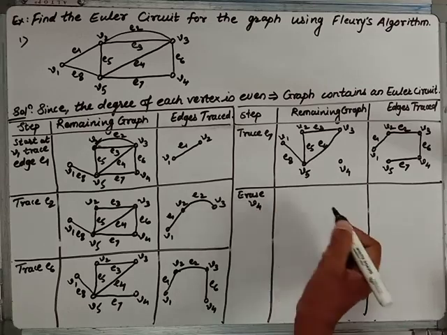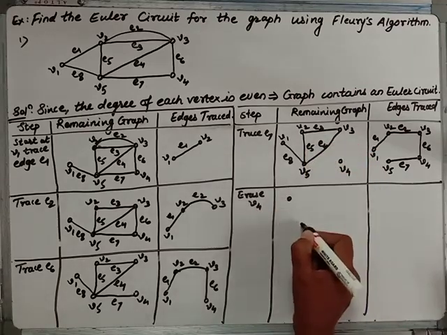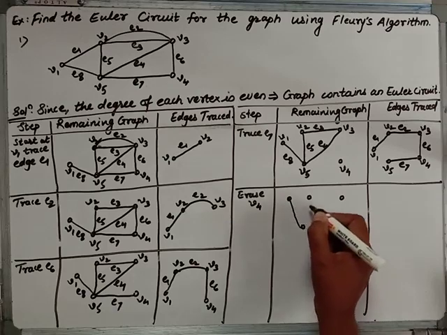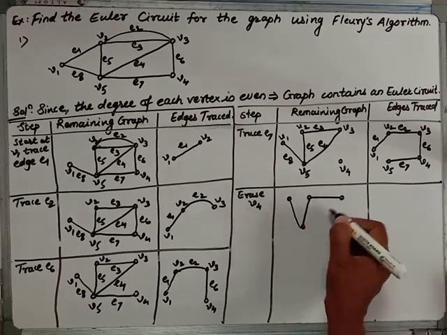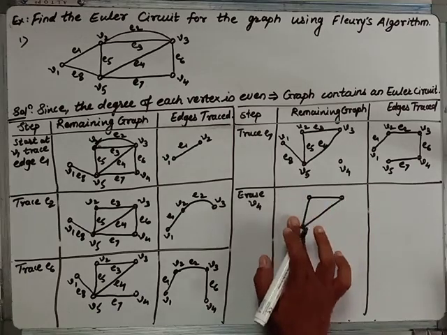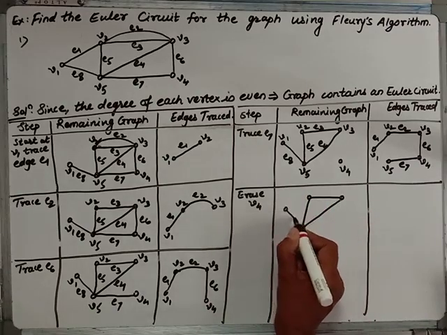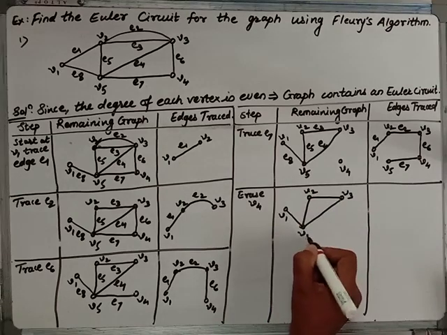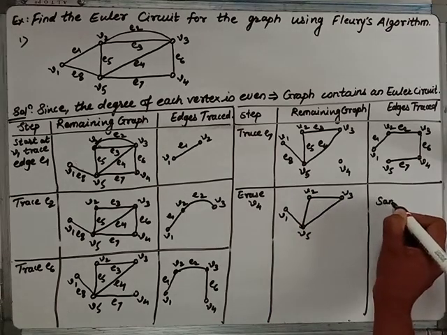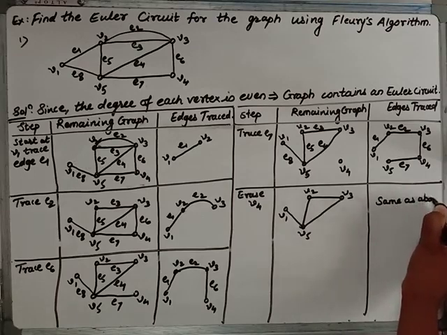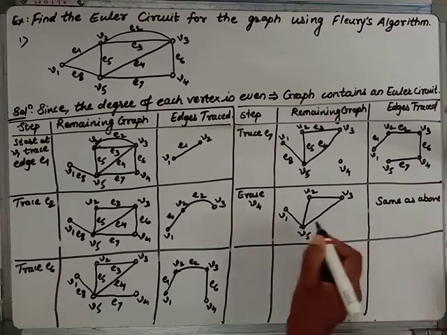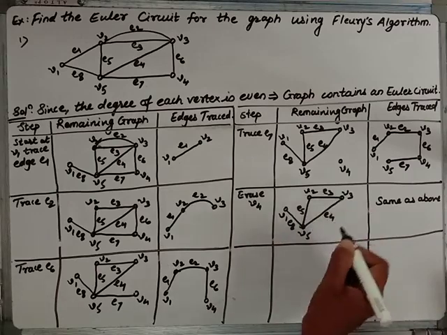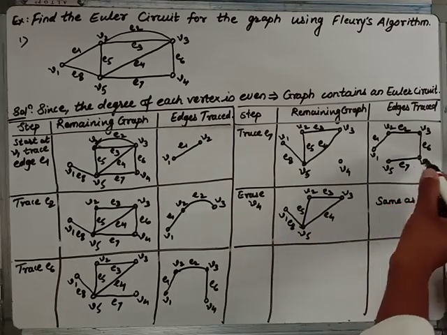Erasing V4, the graph will be as such: V1, V2, V3, V5, and the edges are E8, E5, E4, E3. Now we reach V5, having traced E7.